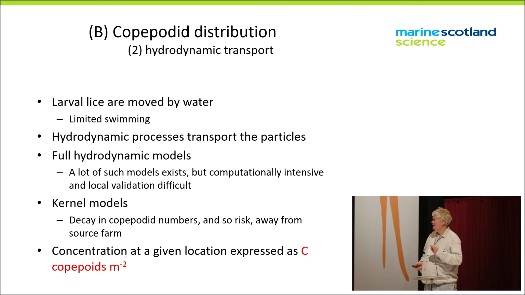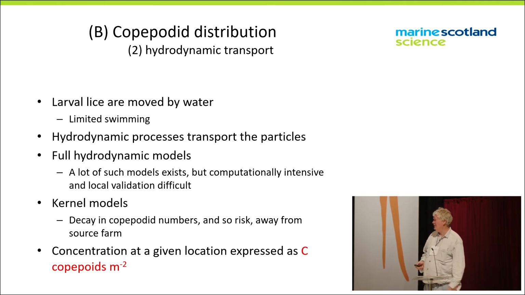Now, larval lice do move. They have some limited swimming, which can be important, but the basic process of movement is down to hydrodynamics. And ideally, we want to use full hydrodynamic models, and often we do, but these are computationally intensive, the local validation is difficult, and as Mike just pointed out, there are a lot of uncertainties.